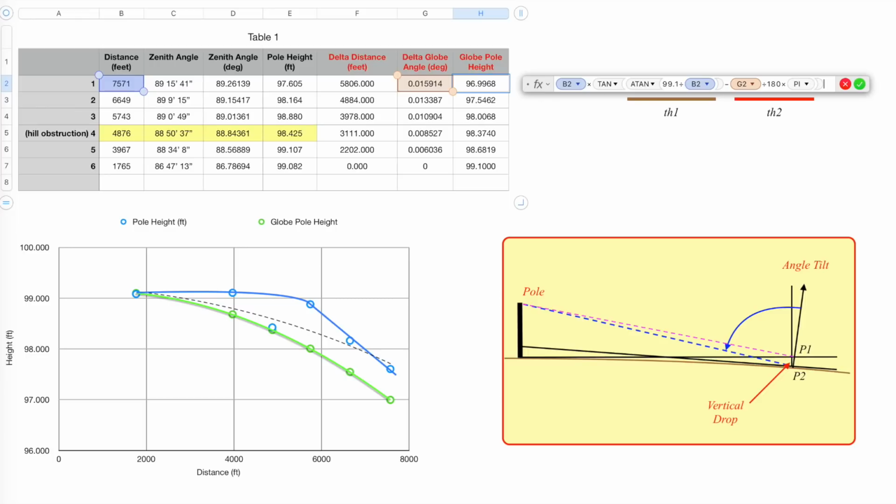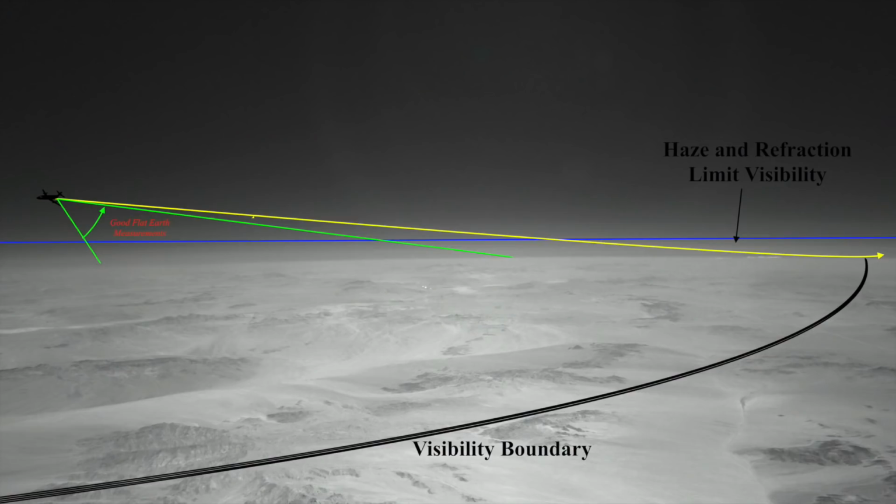I just drew that in based on my calculation of how much vertical drop there is, about 0.8 of a foot in that distance.